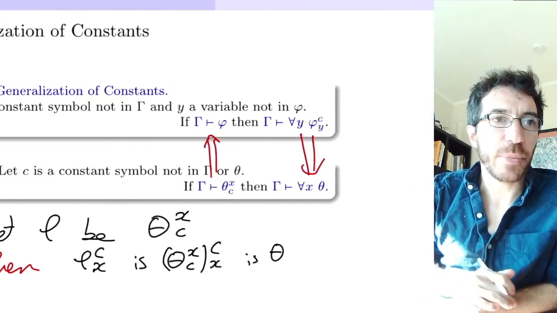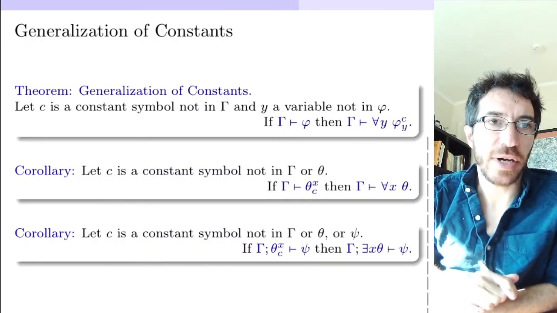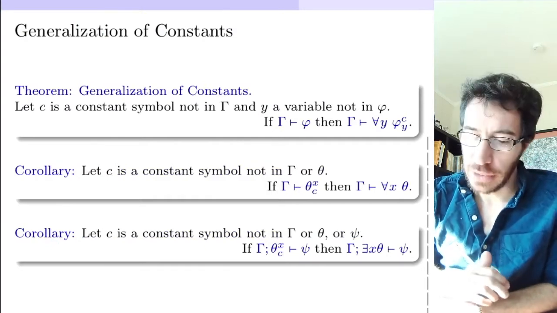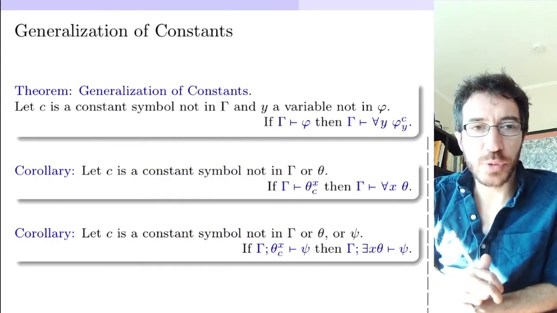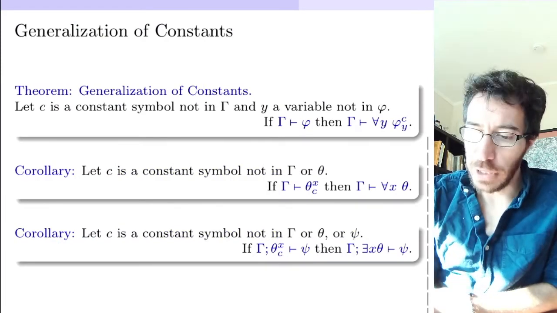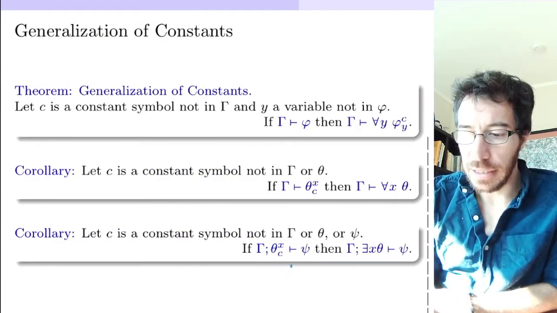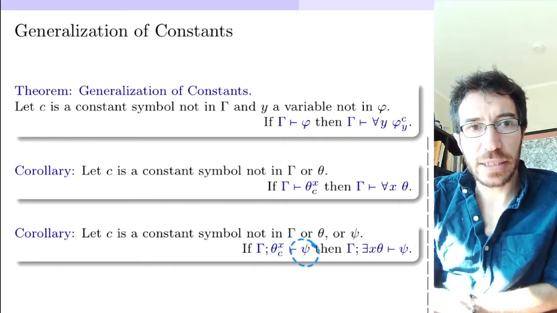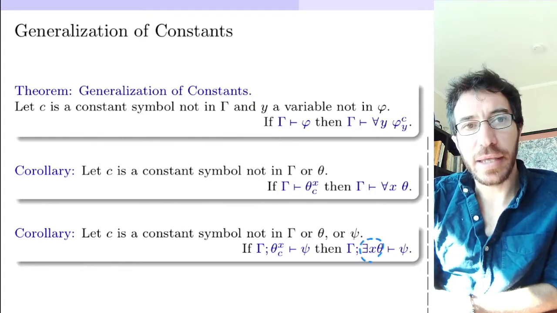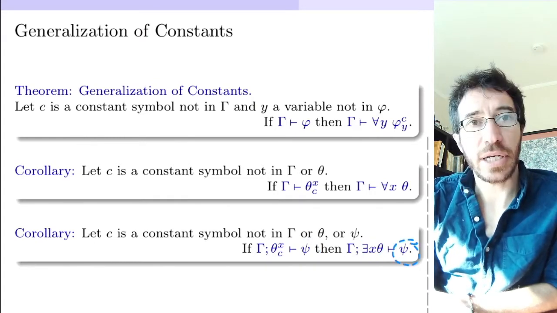Another corollary is that if, again, c is not a constant symbol in theta or psi, and you can prove that gamma together with theta, where x is replaced by c, proves psi, then gamma together with the assumption that there exists an x theta proves psi.